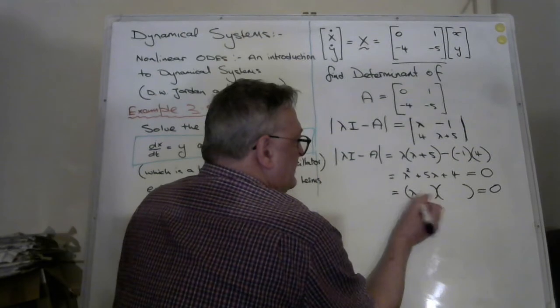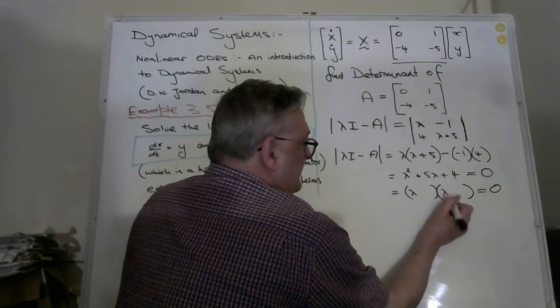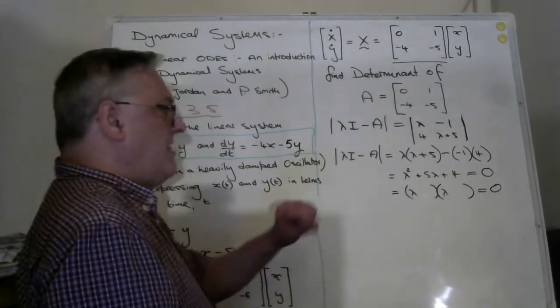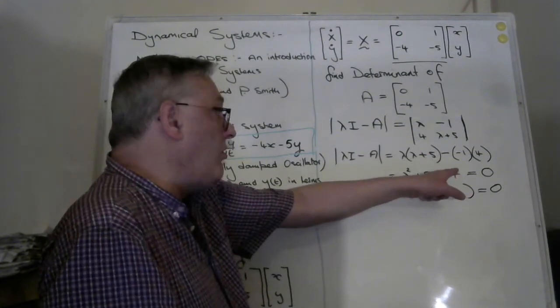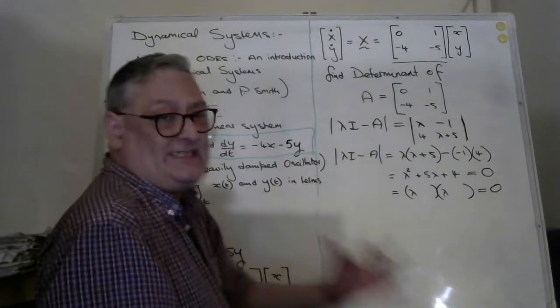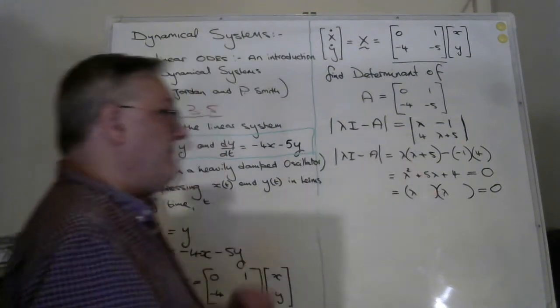Now this can be factorised on the left hand side. So we get lambda there and lambda there, and we want two numbers which when multiplied together give 4 and when added give 5.